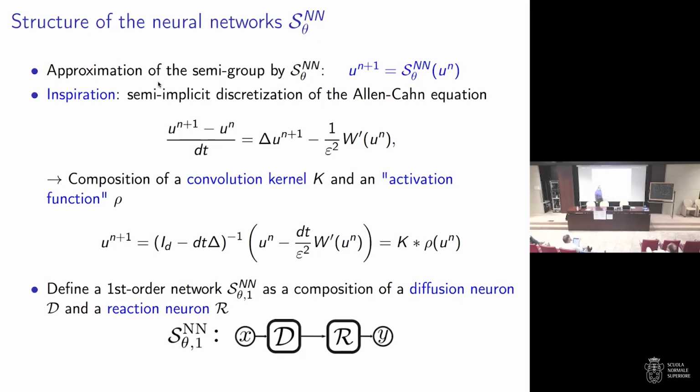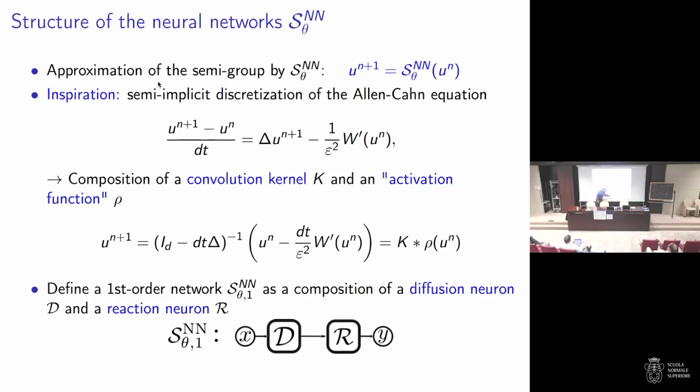You might observe that the order is not the same. That's correct. Initially it was the correct one, and then there was a bug in the code, and we tried the other way, starting first with the diffusion, then the reaction, and the result is better. Of course, this is for one step, and if you want to do several steps, you have to iterate the action of your neural networks.